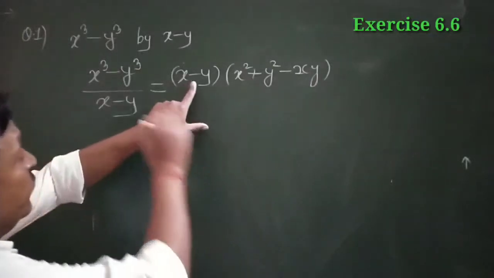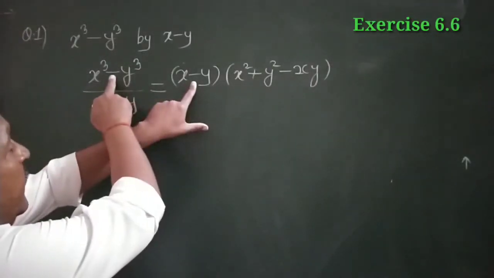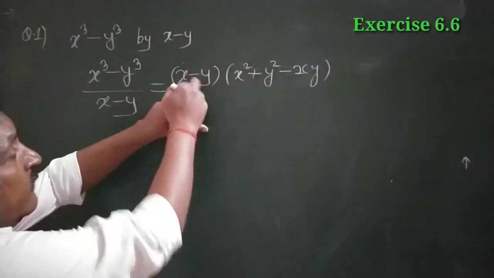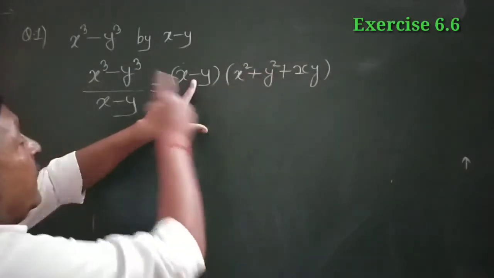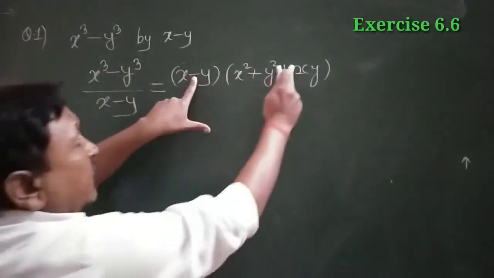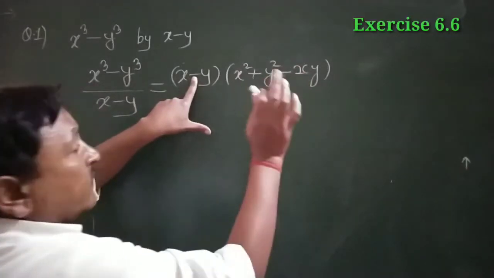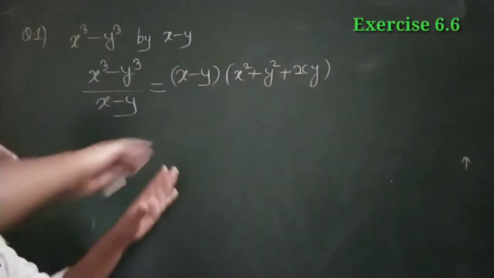I am just teaching you here: if it is minus in the first bracket, then put minus there and plus in the second; and if it is plus, then plus there and minus in the second. Otherwise the whole identity is the same.